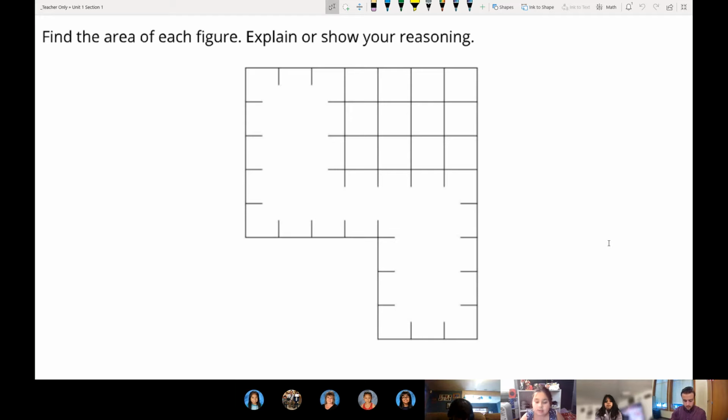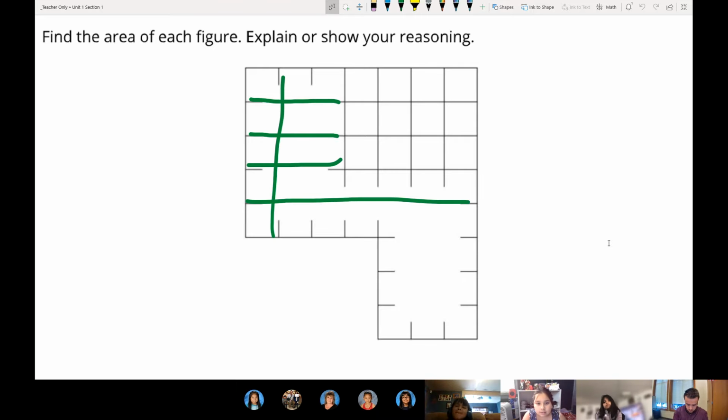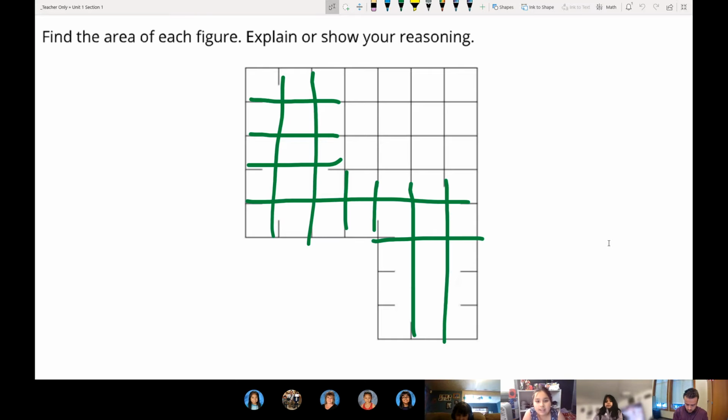Okay, 2 more squares to add. Where would I do that? Finish the lines into a square that matches the top. So something kind of like that. Mm-hmm.